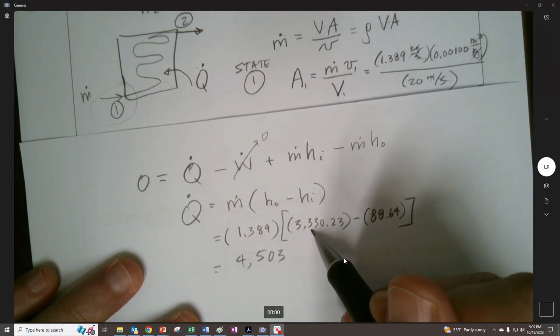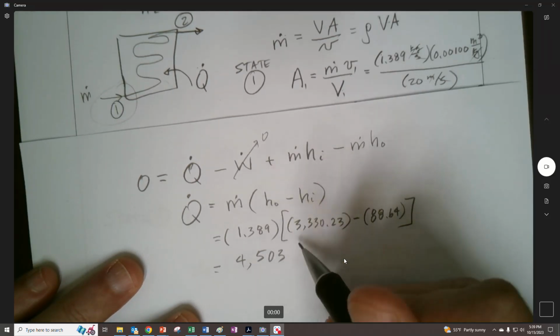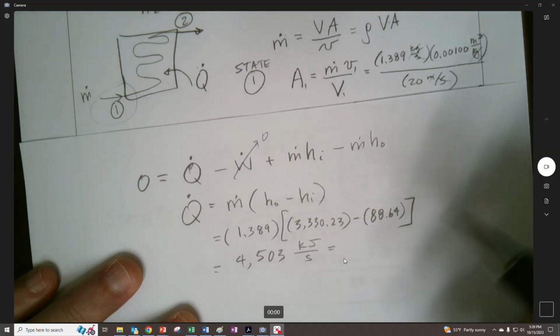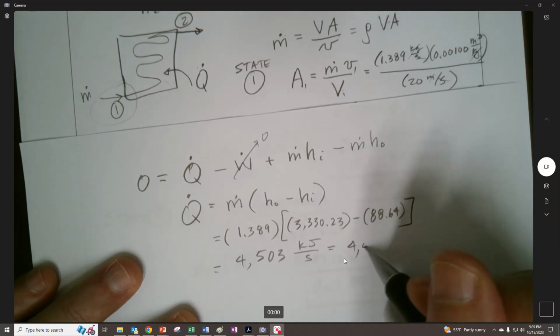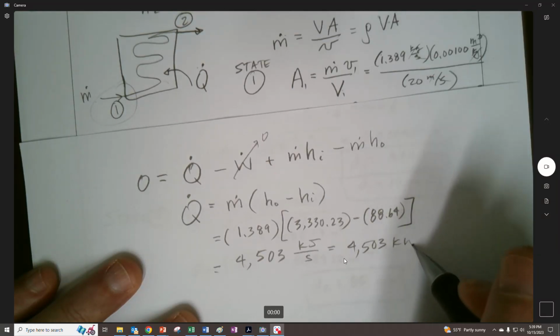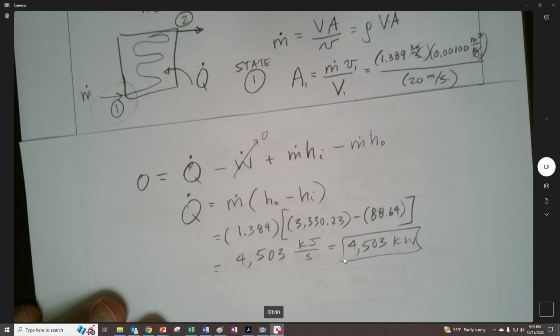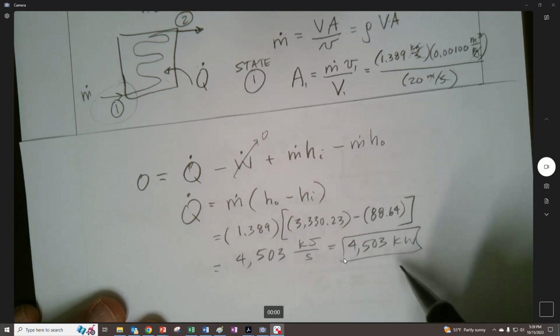And these should be kilojoules per kilogram, so this would be kilojoules per second, which should be kilowatts. 4,503 kilowatts, unless I'm losing my mind. This seems like a whole lot. I want to say that these are watts, but they're kilojoules per kilogram, and a joule per second. Yeah, I think that has to be right.